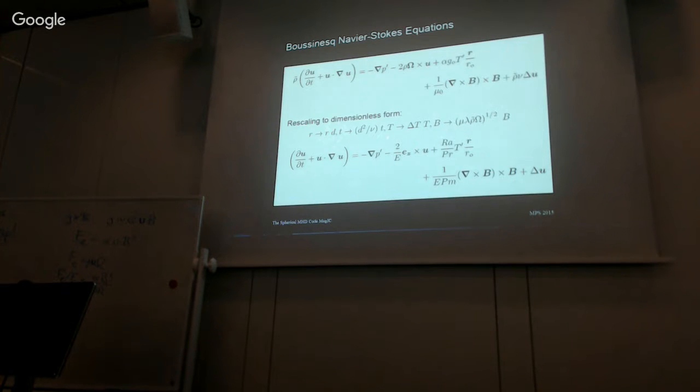Another advantage is that if you plug these transitions in and make your scales dimensionless, you can collect all these different quantities into as few quantities as make sense. For example, here we have only 1 over the Ekman number in front of the Coriolis force, Rayleigh over Prandtl in front of the buoyancy, and 1 over Ekman and Pm in front of the Lorentz force in this particular rescaling. So there are only 3 additional factors.